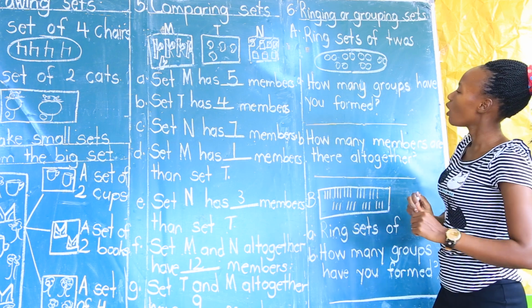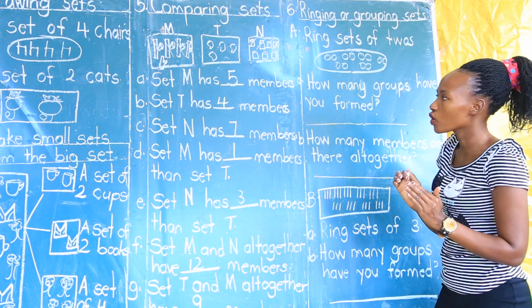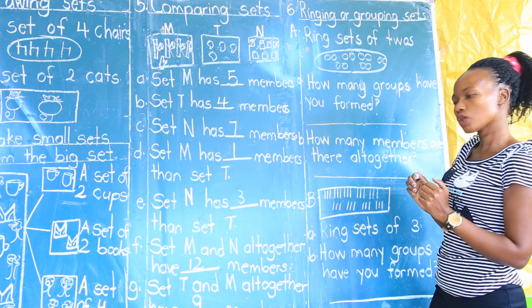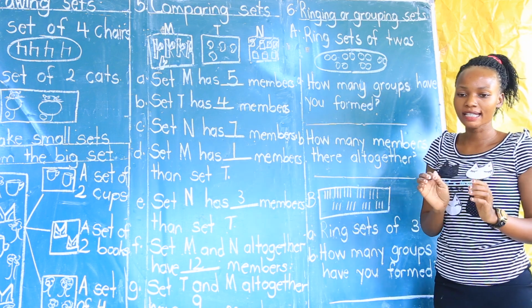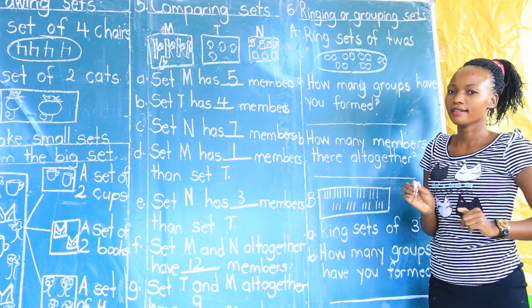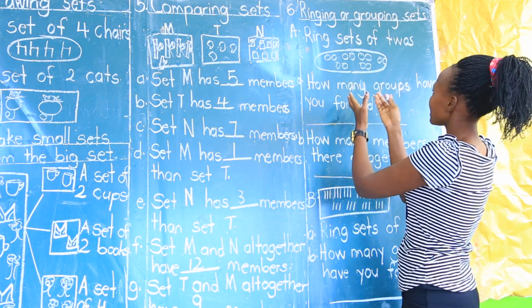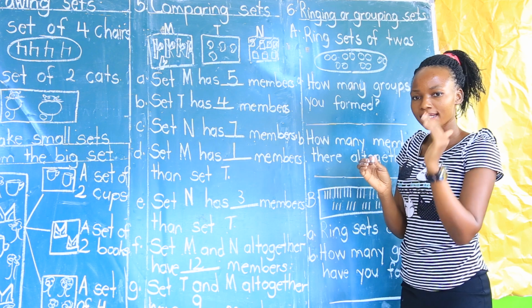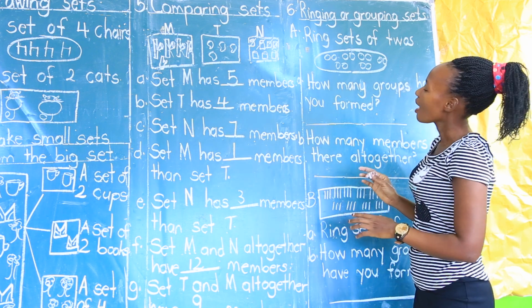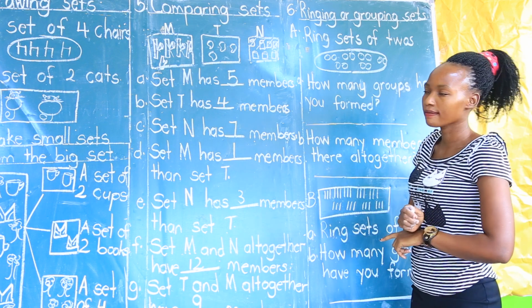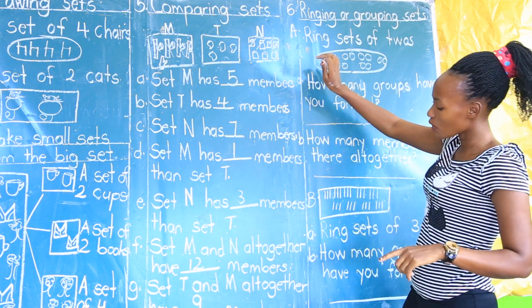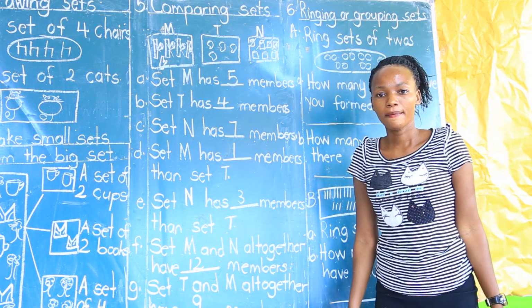Now we are going to get two elements or two members. We put them in a subset. We are going to form subsets, and subsets are small sets got from the big set.